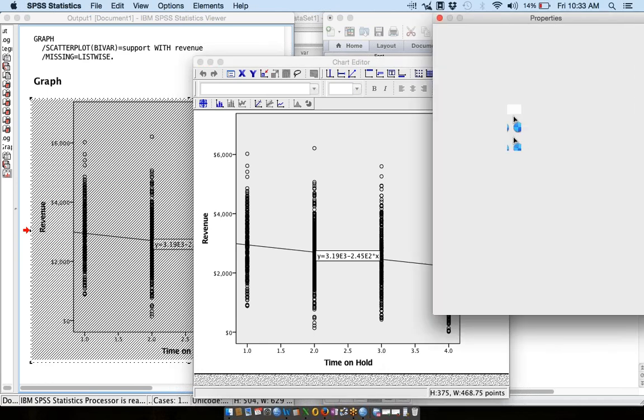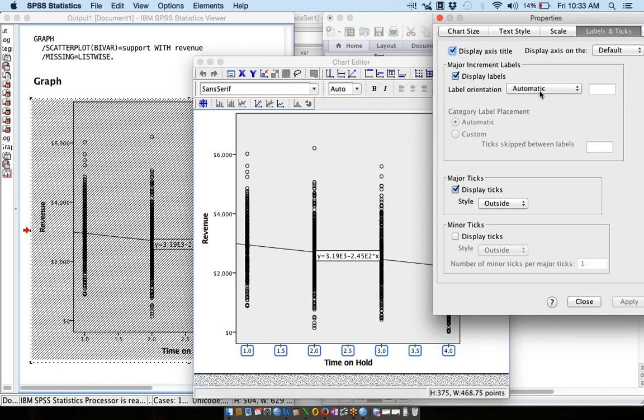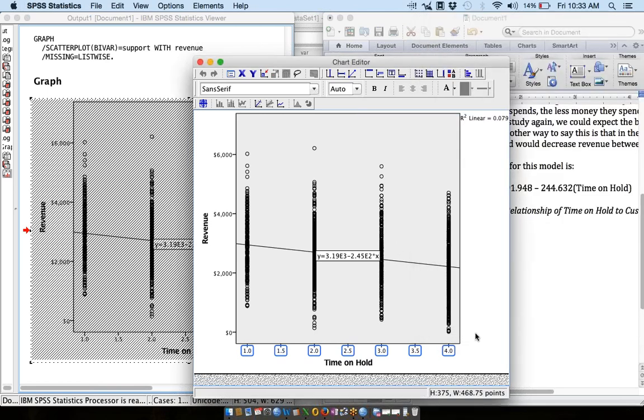And I'm not sure why this one is not coming up that way. I don't know how to change it, but that might be something you want to look into.